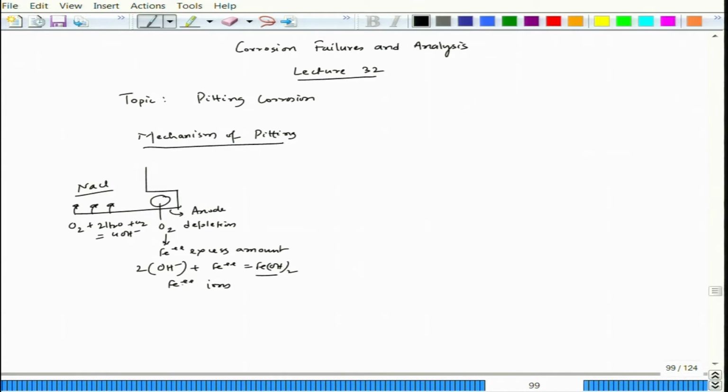So then Fe++ will be extra in the solution within this crevice.